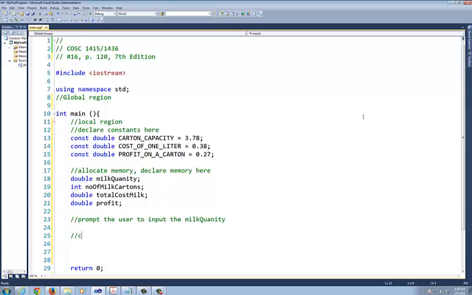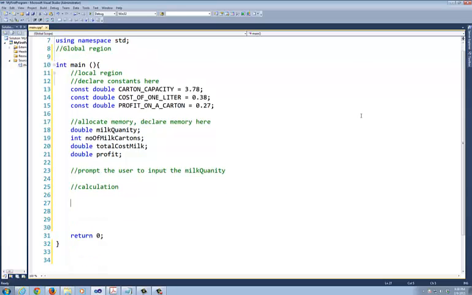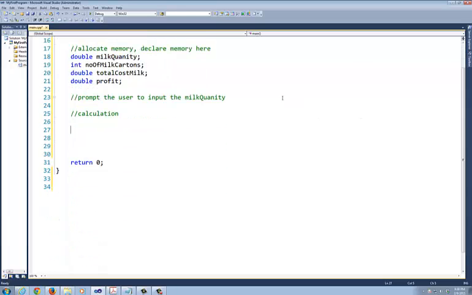Let's talk about the calculation. Alright, look at this calculation right here. First thing is you have to figure out the number of carton milks. So there are a couple of things you have to figure out: the milk quantity, which is this right here.